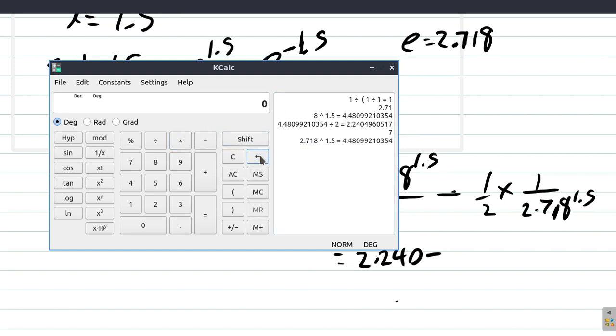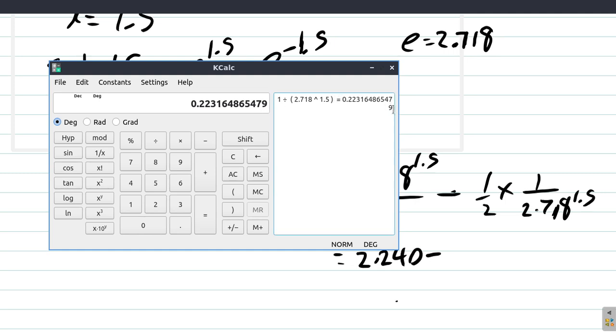Let's clear it first. All clear. Okay, 1 over open bracket 2.718 to the power of 1.5, close bracket, equals. All right, so that's what we have.